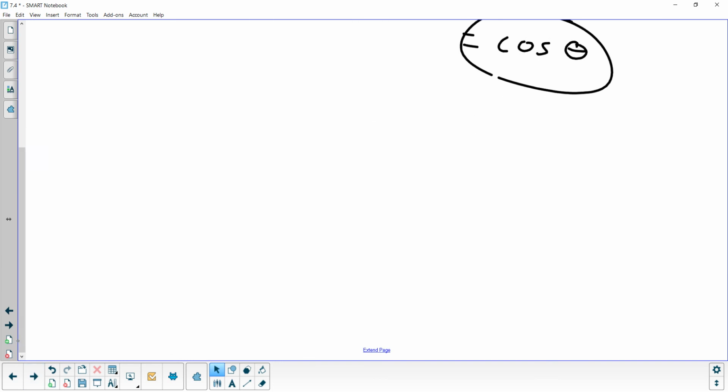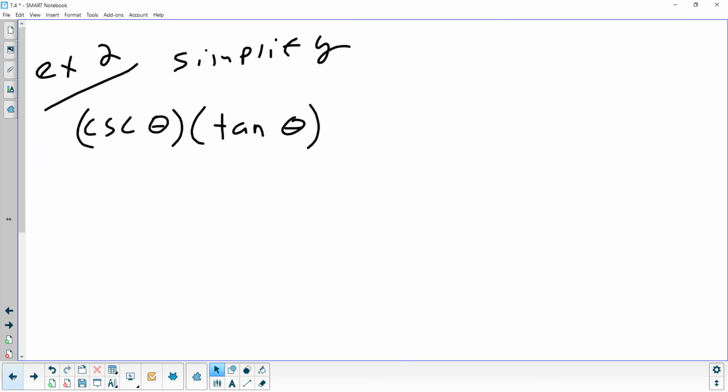All right. Let's try this one. Cosecant times tangent. How can I rewrite cosecant? So 1 over sine, times, how can I rewrite tangent?